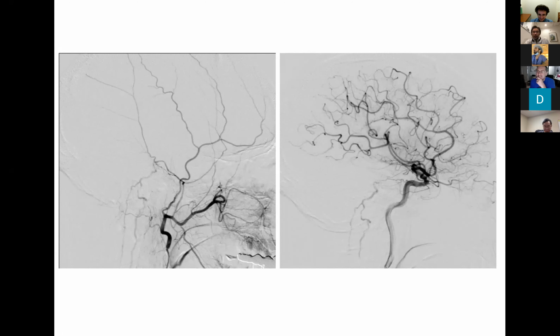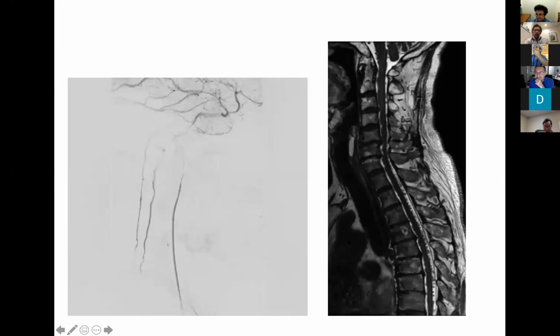But it lost all the connections probably, so it needed to drain all the way to the spine to cause this cord congestion. So the patient presented very similarly to having a spinal dural AV shunt, but actually the lesion was at this area of the petrosal sinus.